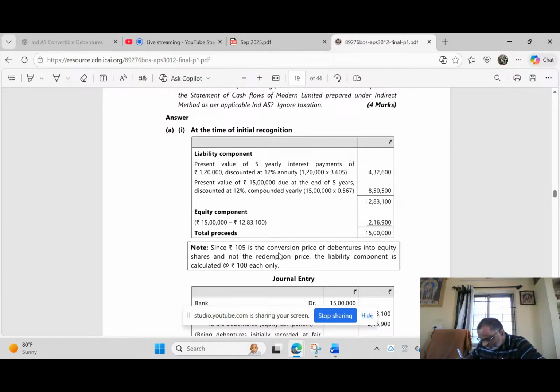Then the total proceeds will be 15 lakhs.